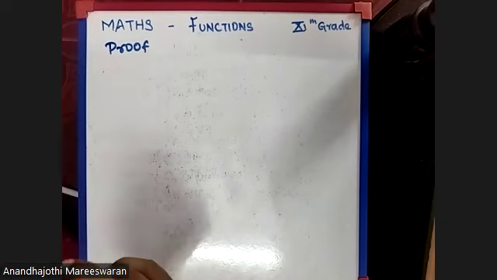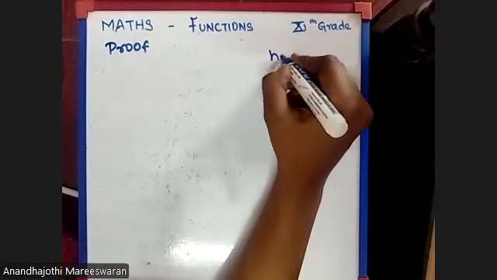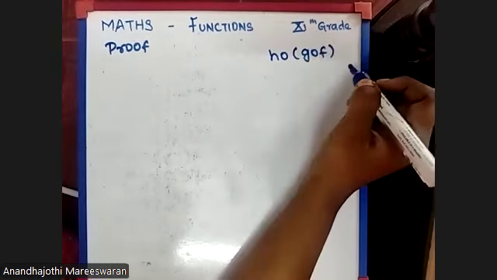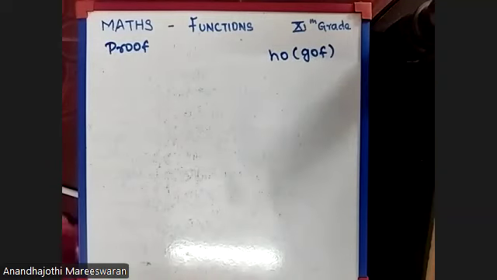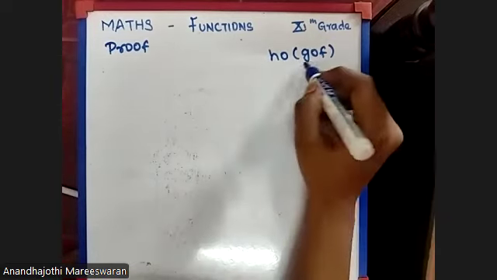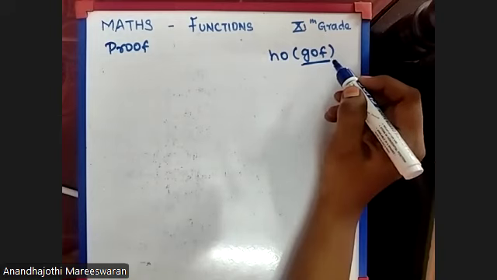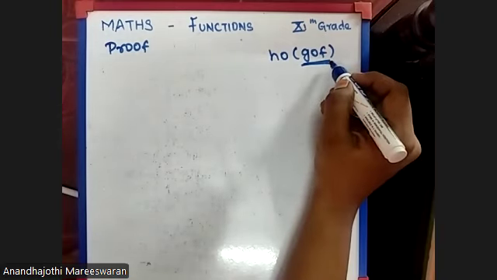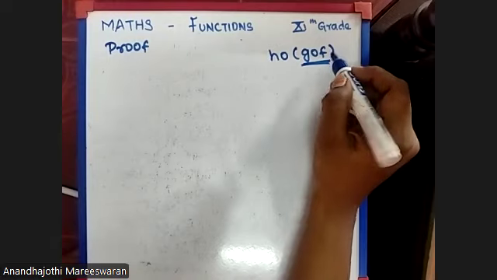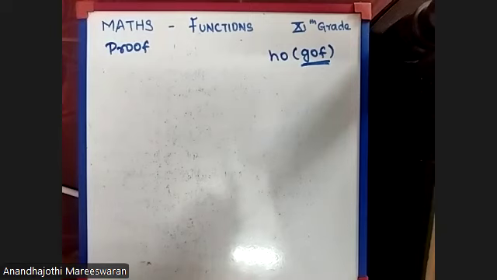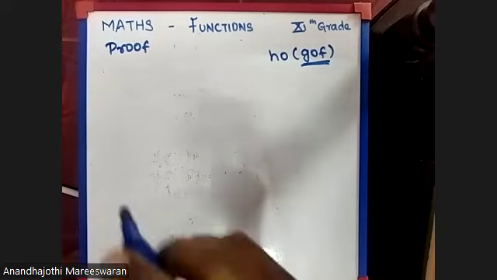What is the left hand side? H circle, G circle, F. In maths, if something is within bracket, we have to do it first. So who is within bracket here? This one, right? So if you are going to see about domains, whom will we write first? Yes. Who is at the right hand side?